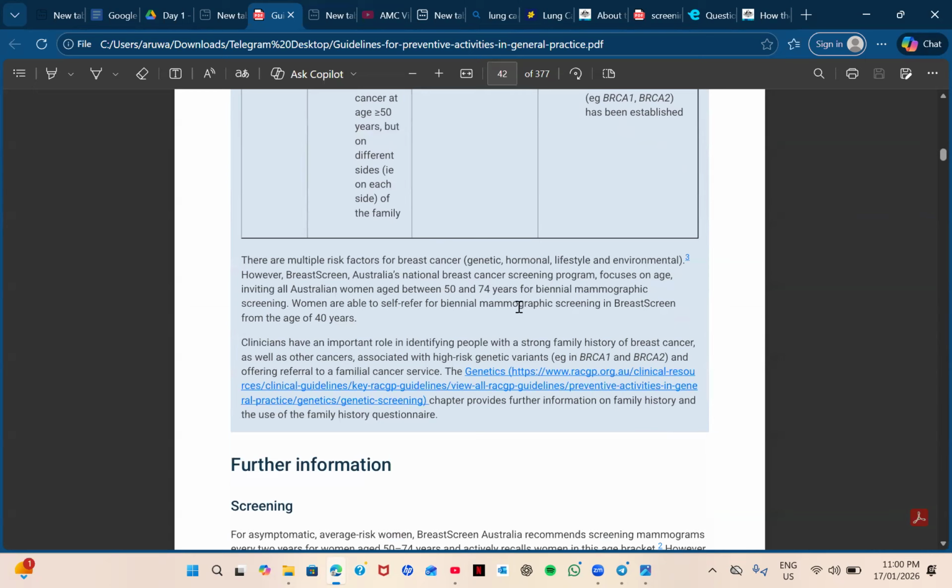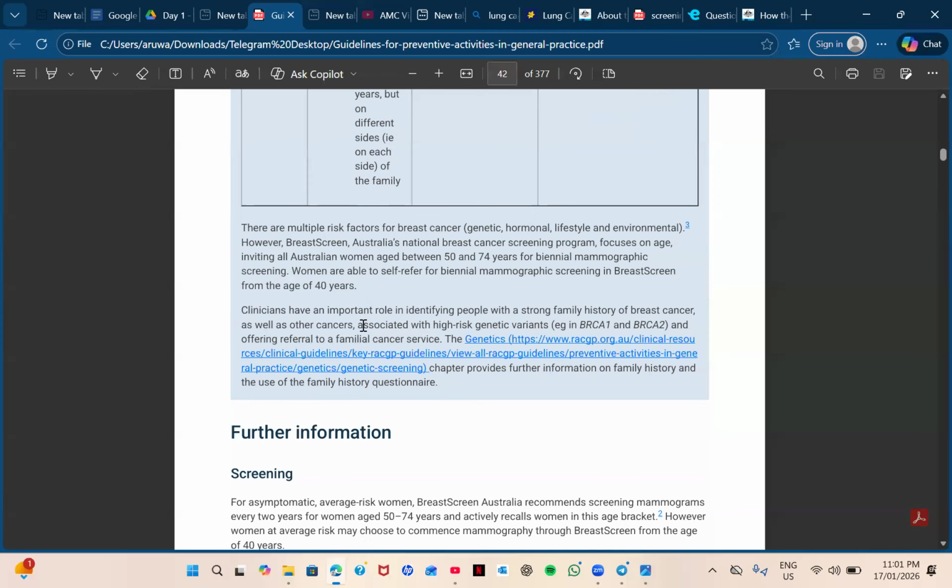The Australian National Breast Cancer Screening Program focuses on age, inviting all women aged between 50 and 74 years for biennial mammographic screening. Please remember it starts from 50, and women are able to self-refer for mammographic screening in BreastScreen from age 40.